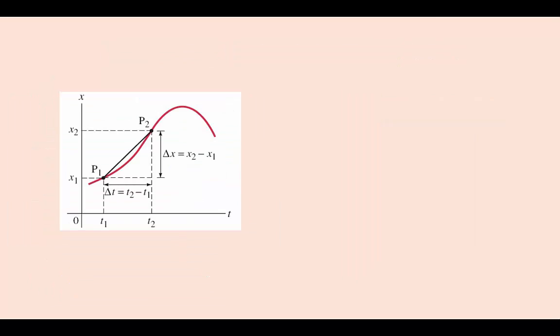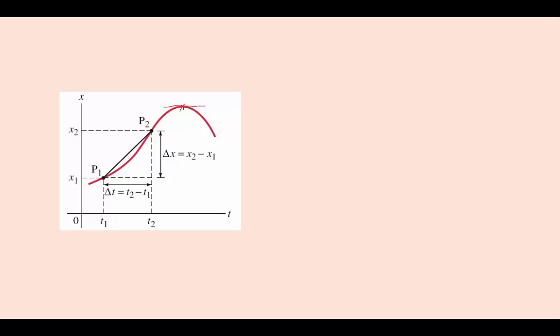When we take a look at the graph of a particle's position versus time, the instantaneous velocity is the tangent to the curve at any point. So I could say, all right, well, what about up here at this point? The tangent is almost horizontal, so then our instantaneous velocity there is pretty close to 0.